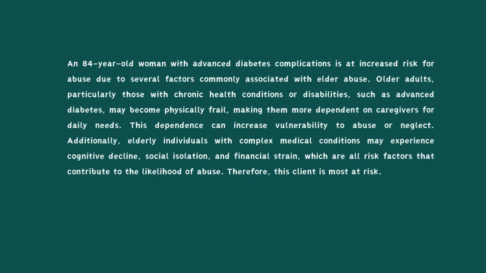This dependence can increase vulnerability to abuse or neglect. Additionally, elderly individuals with complex medical conditions may experience cognitive decline, social isolation, and financial strain, which are all risk factors that contribute to the likelihood of abuse. Therefore, this client is most at risk.